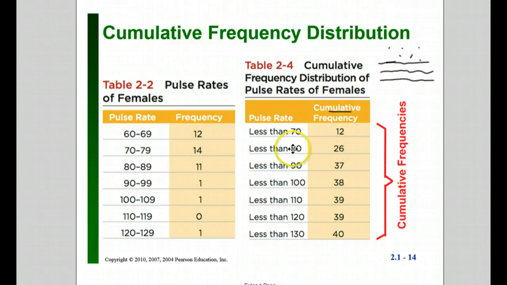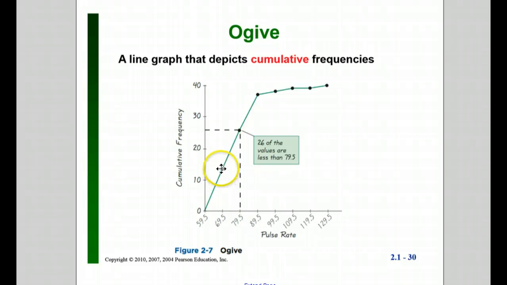So this 26 comes from 12 plus 14. 37 comes from 12 plus 14 plus 11. 38, 12 plus 14 plus 11 plus 1, and so on all the way down. And that's what this is a plot of. This goes up to 12, this goes up to the 26, the 38, and so on. So this is a plot of cumulative frequencies and or relative frequencies.